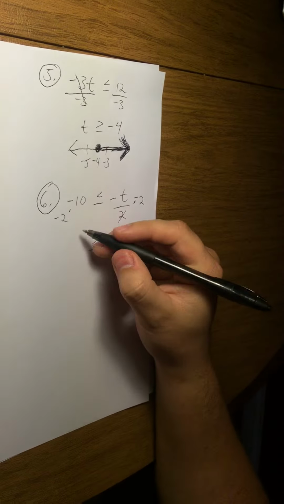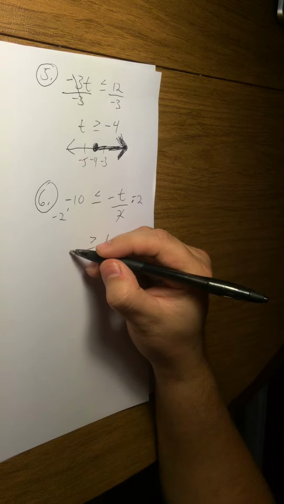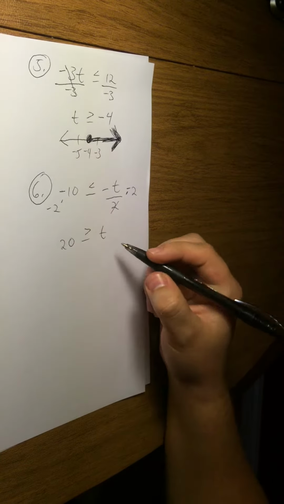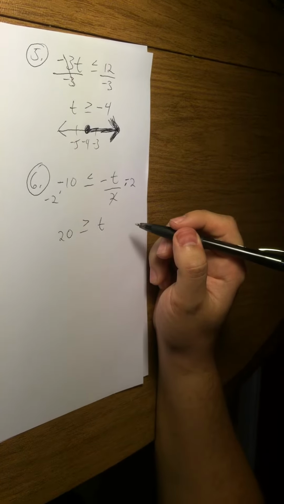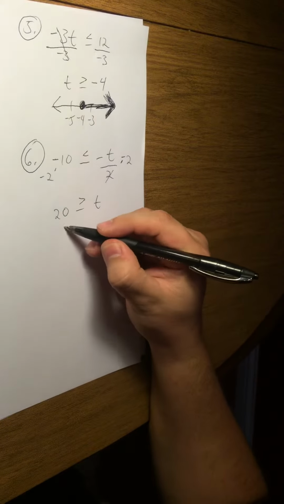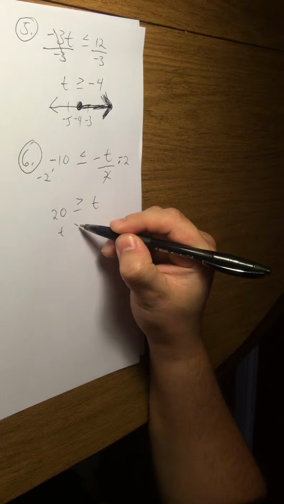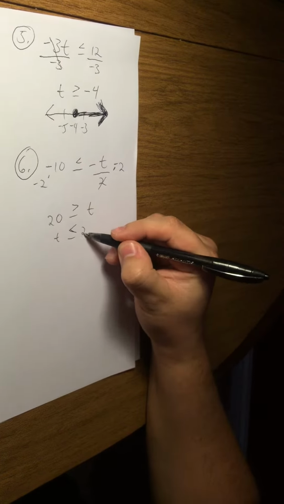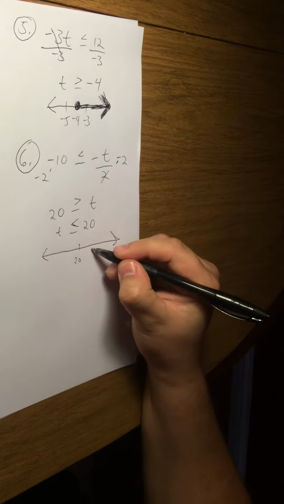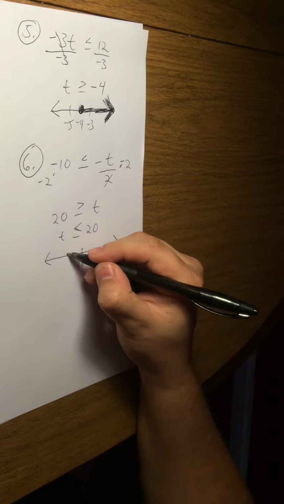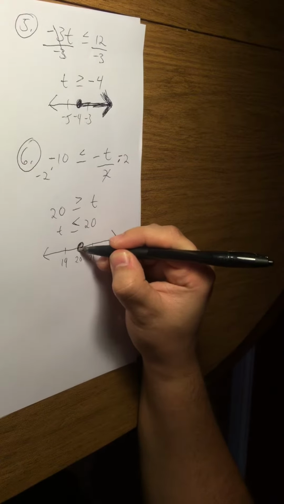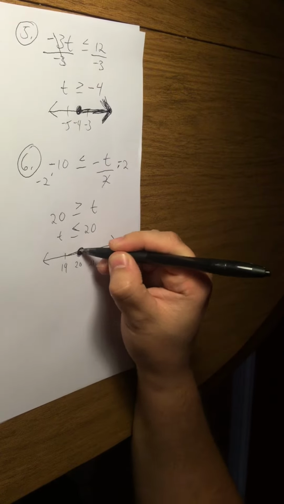That equals t, and that equals 20. Okay, so notice that this is on the other side. To make it easier for yourself, switch it around. 20, 21, 19. Fill it in because it's equal to.